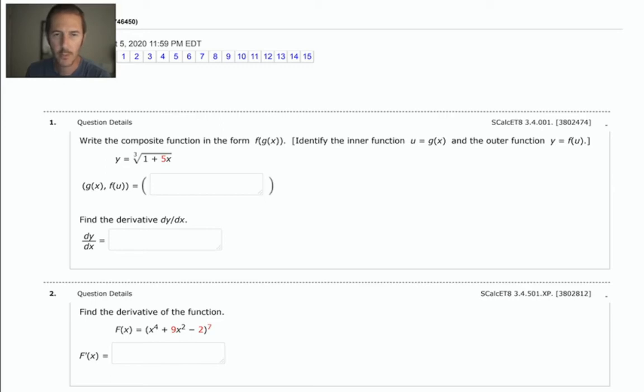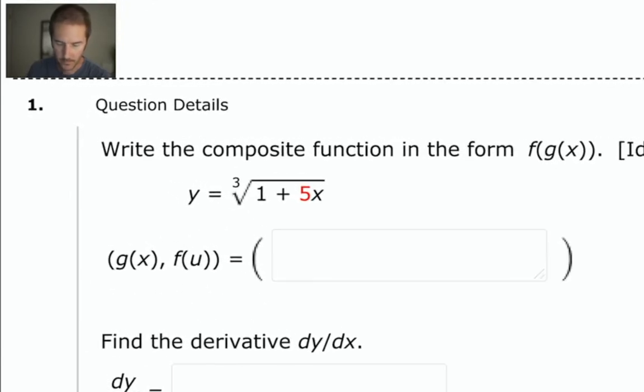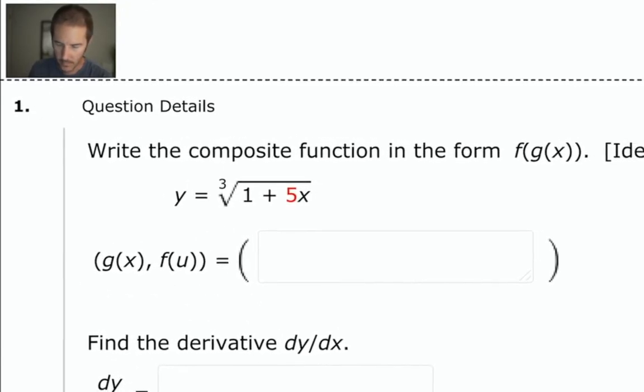So our inner function, g of x, is this stuff right here. It's the radicand, the stuff under the root symbol. So we're going to write that as, if my pen will work, always a challenge getting this pen to work.